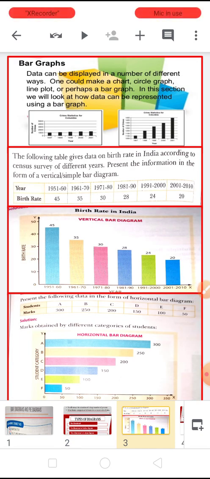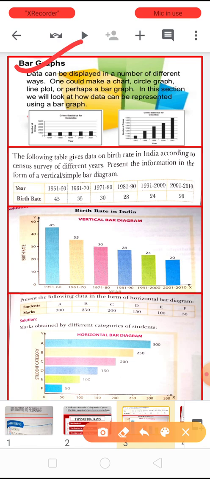Children, let us again learn what are the bar diagrams or the bar graphs. So, children, when the data can be displayed in a number of different ways, one could make a chart, circle, graph, line, plot, or perhaps a bar graph. Then it is known as the bar graph.